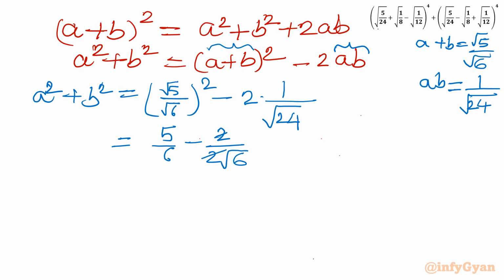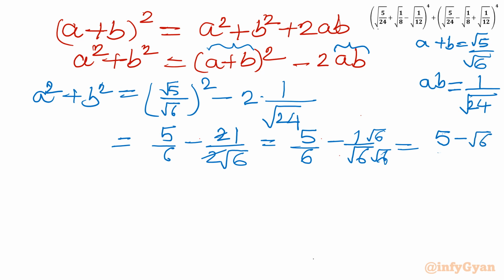Now this 2 and 2 will be cancelled out. So it is converting into simplest form, 5 over 6 minus 1 over root 6. Now I will multiply here with root 6 in the numerator, root 6 in the denominator. So the denominator will be same, so I will be writing 5 minus root 6 over 6. So this is our a square plus b square.